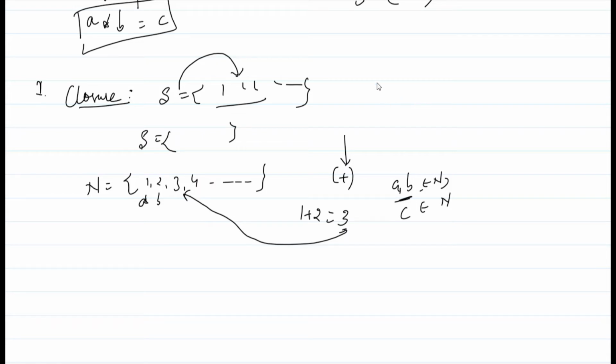That is, a, b are the elements of a set which belongs to the set of natural numbers, then the obtained result c also belongs to the set of natural numbers. You can take any number. If you take 10 plus 2, you will get 12, right? Here I take a as 10, b as 2, c as 12. Obviously the set of natural numbers consists of 12 also. That is the concept of closure here, I think you are getting.